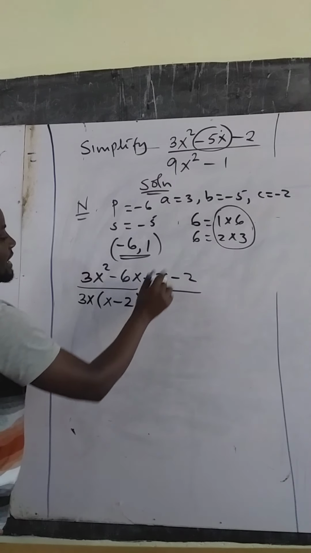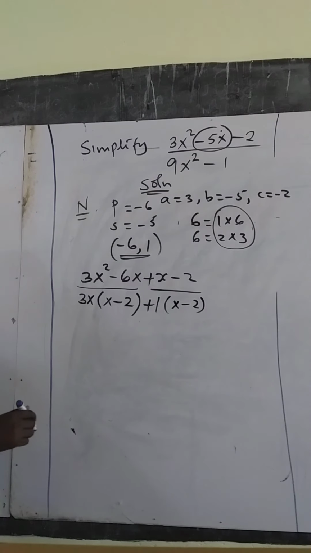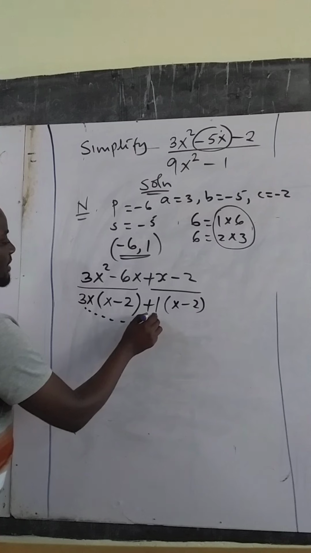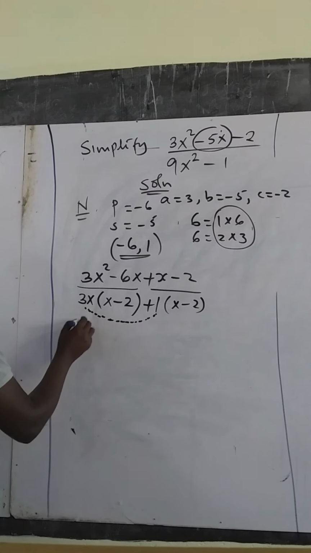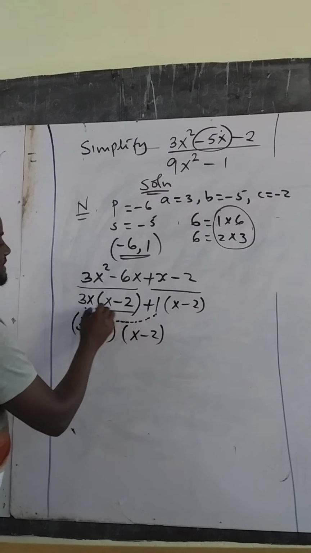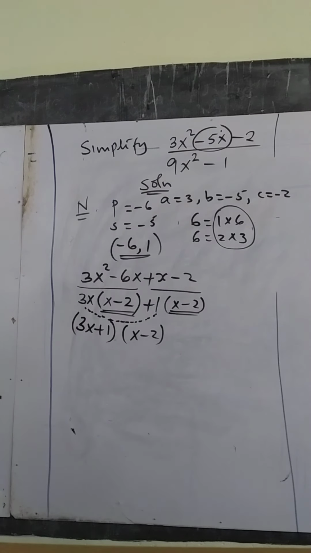Plus, what is common here is 1, x minus 2. Now collect the numbers outside the bracket: 3x plus 1 and x minus 2. These brackets are common, take one. Then from there you go to the denominator.